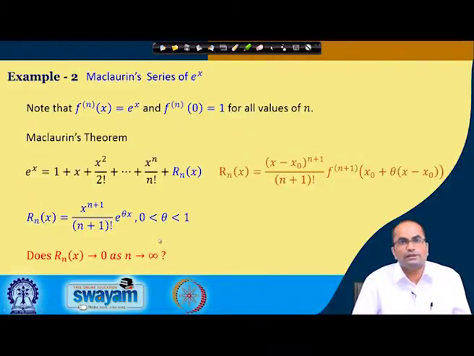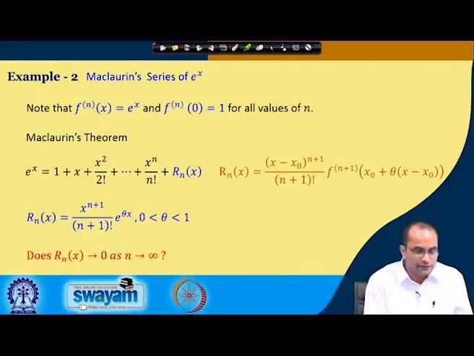Now we will see what happens to this R n x as n goes to infinity. If R n x goes to 0 as n goes to infinity, then we can write down the Maclaurin series of the exponential function.